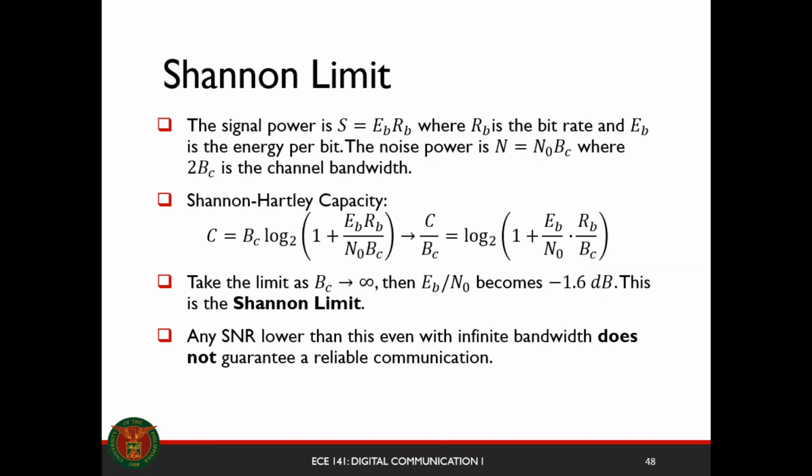It will asymptotically approach negative 1.6 decibels. What does that mean? It means that if your SNR per bit becomes less than that, you won't be able to achieve reliable communication. So we call this negative 1.6 decibels the Shannon limit. Any SNR lower than that, at infinite bandwidth, we cannot guarantee a reliable communication.